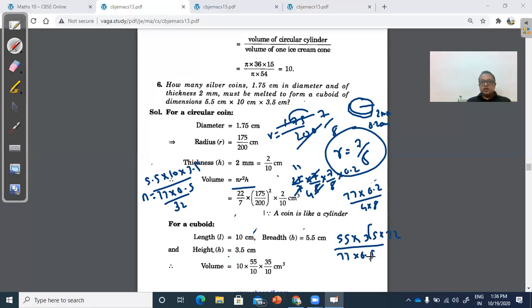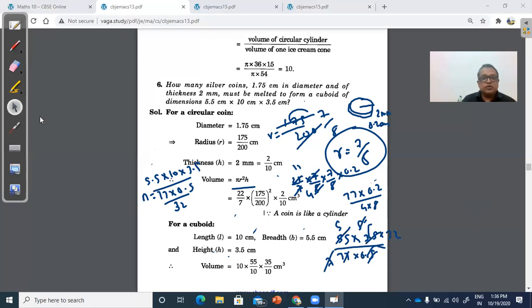Now this decimal, I can remove one decimal from numerator and one decimal from the denominator. Now 11, 5, 11, 7. 7 goes 5 times. So this 5 and this 5 gets cancelled, and we are going to get the number of coins.